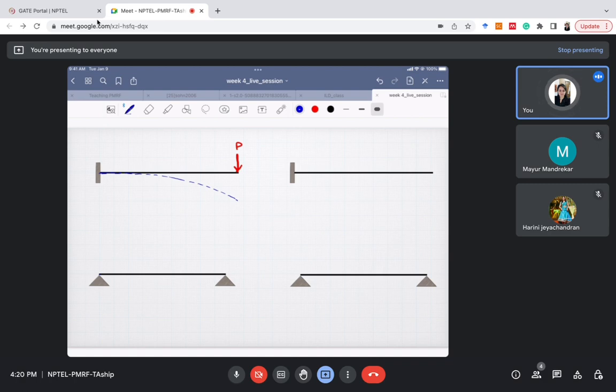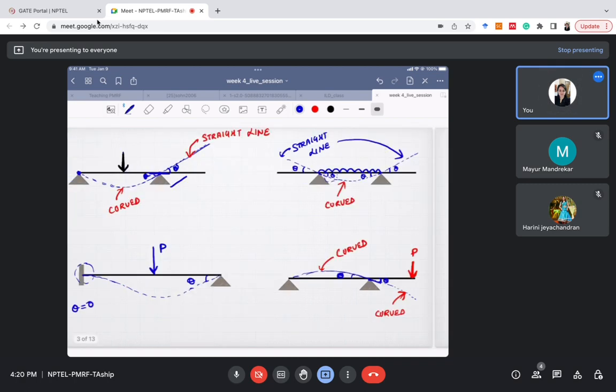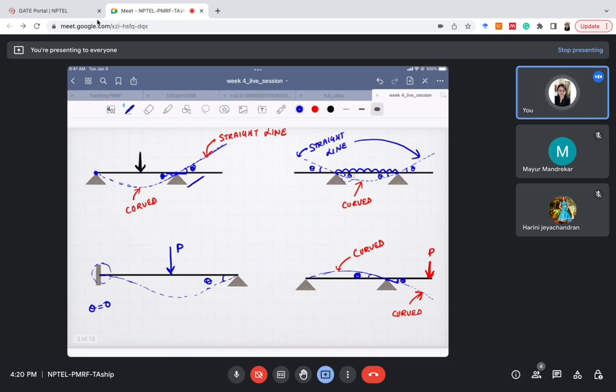Also, these deflected shapes are important when we want to know where we have to keep our reinforcement. Suppose in an RCC beam design, we provide the reinforcement wherever tension is coming.